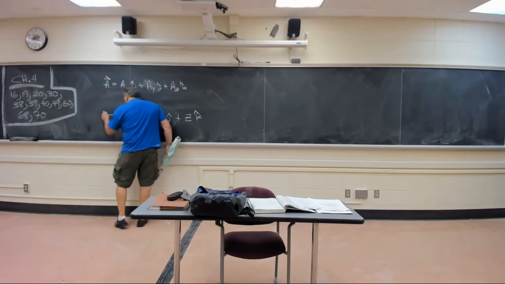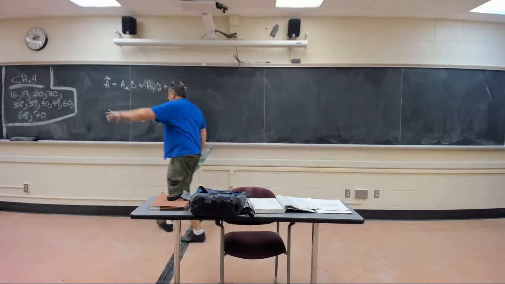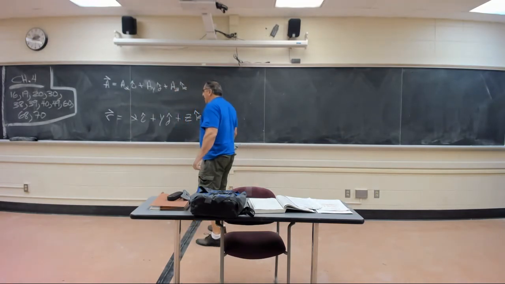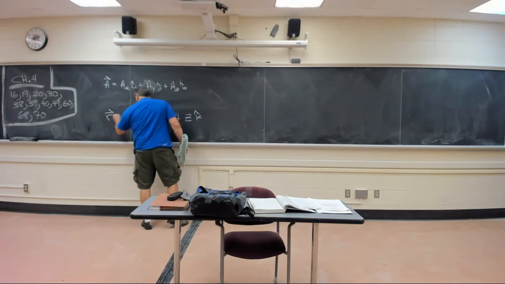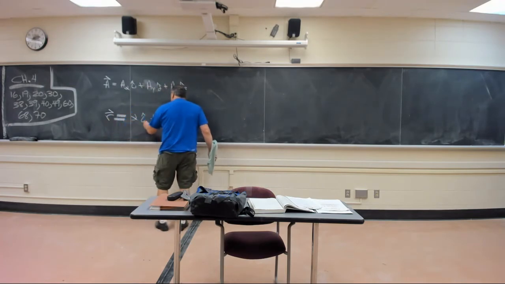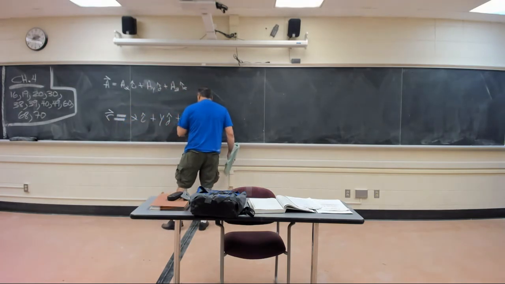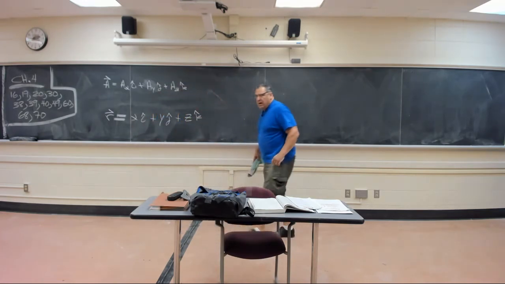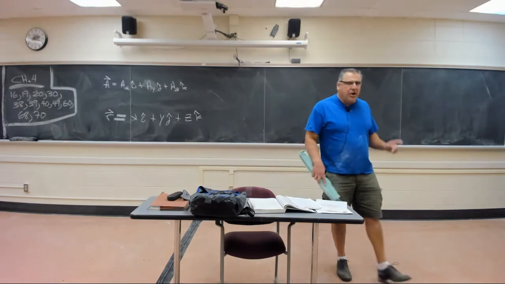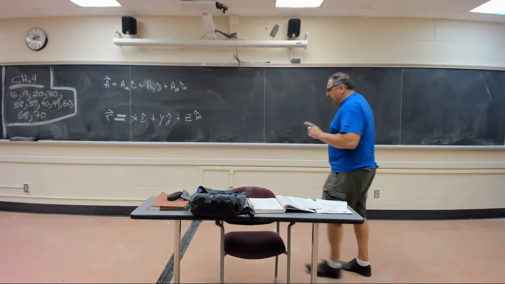Sometimes they'll call it r for radius away from a particular point. The r vector equals x i hat plus y j hat plus z k hat. x, y, and z are scalars. i hat, j hat, and k hat are unit vectors.